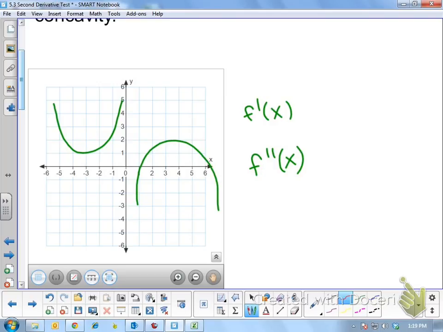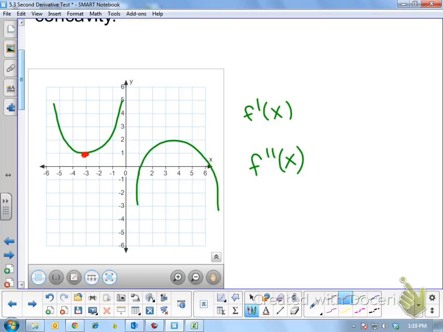Approximately on this first one, the first quadratic, where is our extreme value? I'd say about -3, 2, 4. I was approximating.